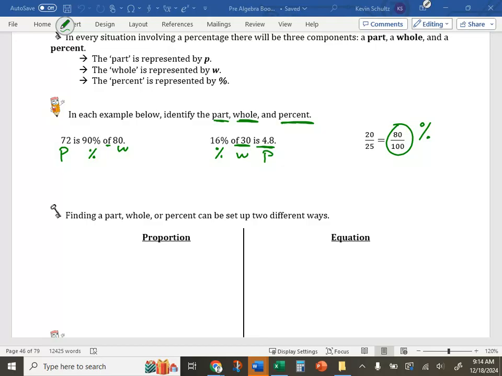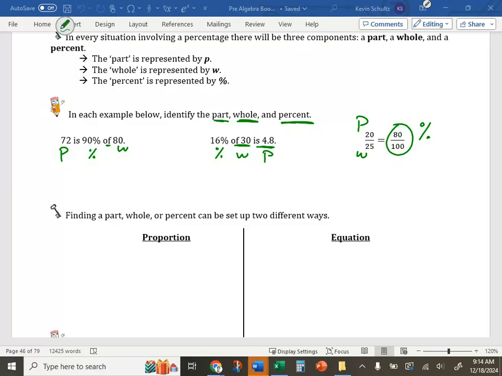Because it's 80% of 25. Okay, and you just used the word of there. Did you catch it? Another way to read this is 20 out of 25. Like when you get a test score and it's a fraction, 20 out of 25, there's that word of. So our 25 is our whole, and the 20 is the part.